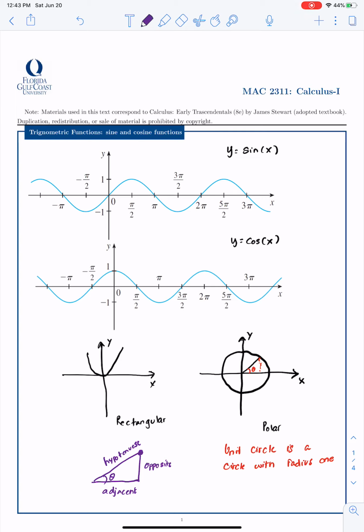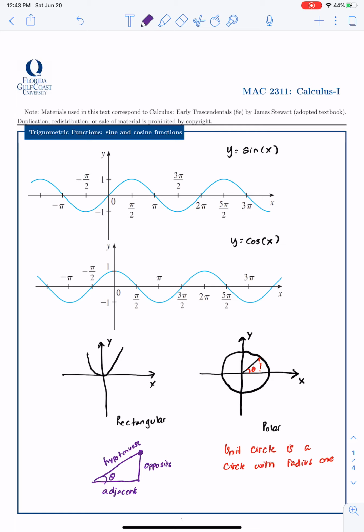So from the perspective of theta, the side is opposite to theta, so we call it the opposite side. The adjacent side is called the adjacent side because it's right next to theta. And of course, the hypotenuse is how it was defined then in the Pythagorean theorem.